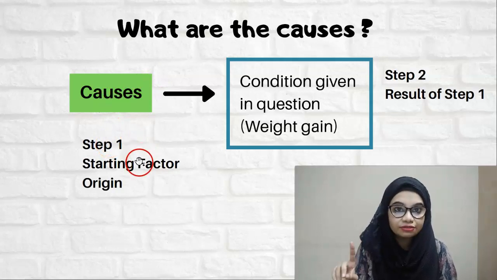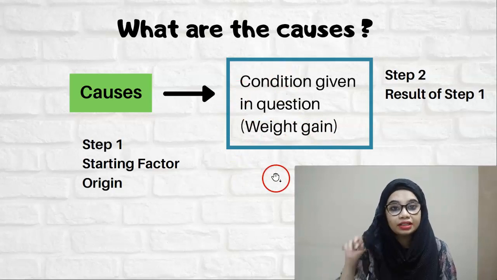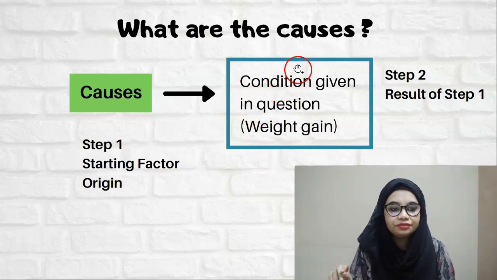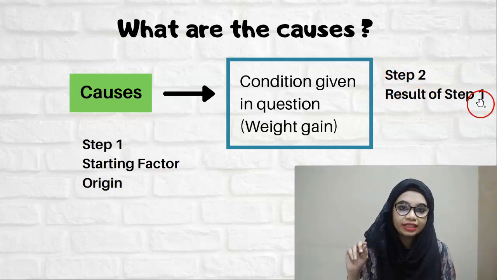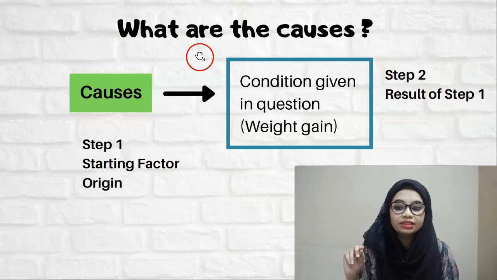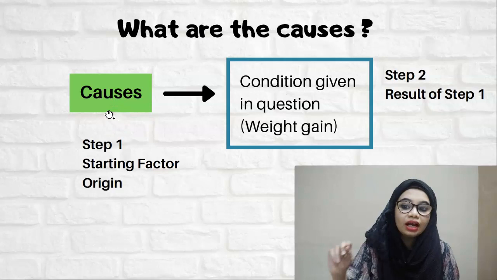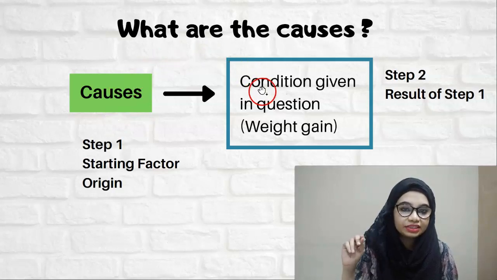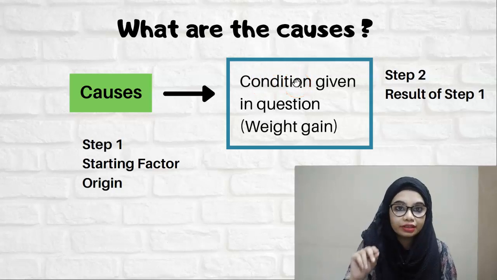They are the starting factor, or the origin of the condition given in the question, which in this case is weight gain. The condition given in the question is step 2, the result of step 1. So step 1 is the cause, and this leads to step 2, which is the condition given in the question.